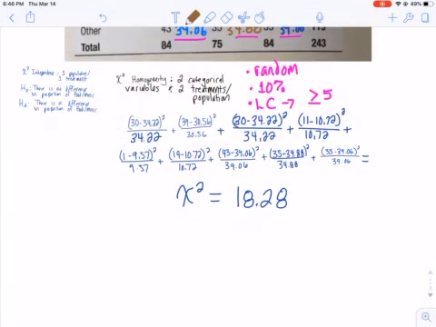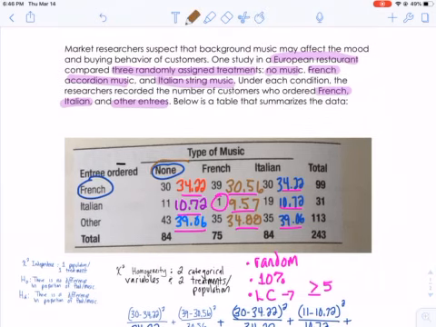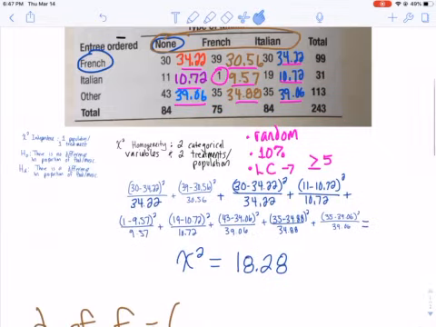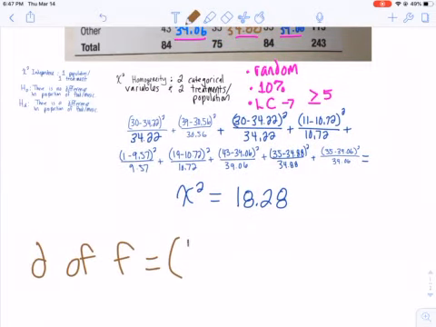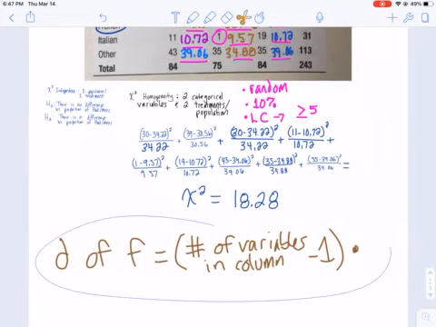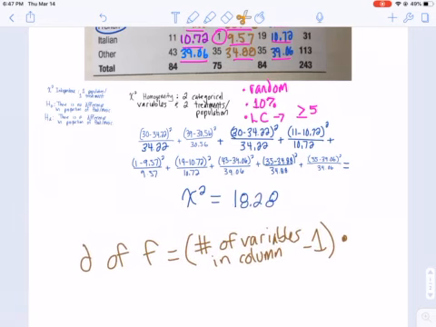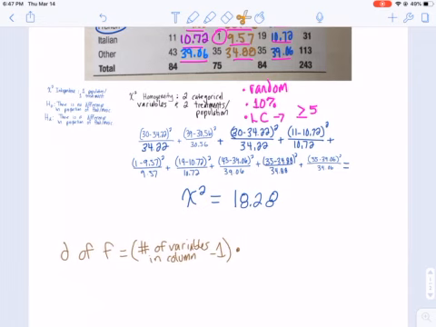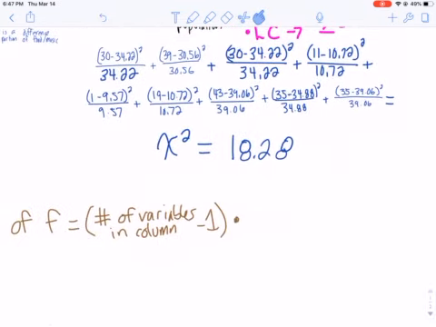Now for a two-way table, for your degrees of freedom, the D of F, what you're going to do is take the number of variables in the column minus 1, and then multiply it by the number of variables in the row minus 1.